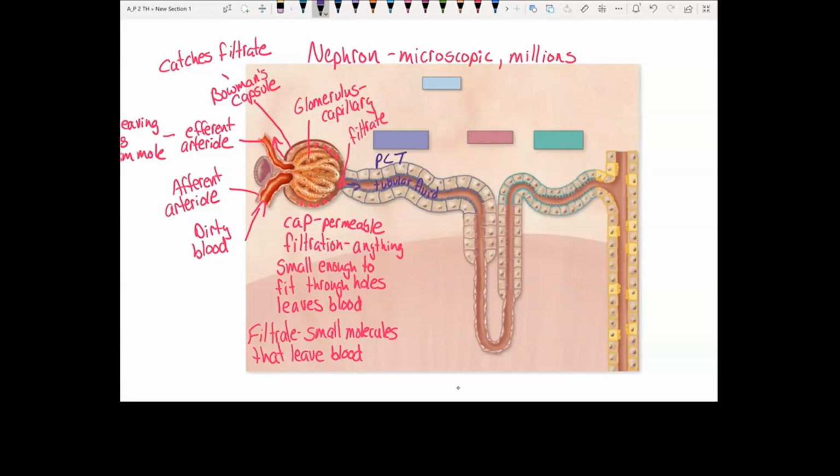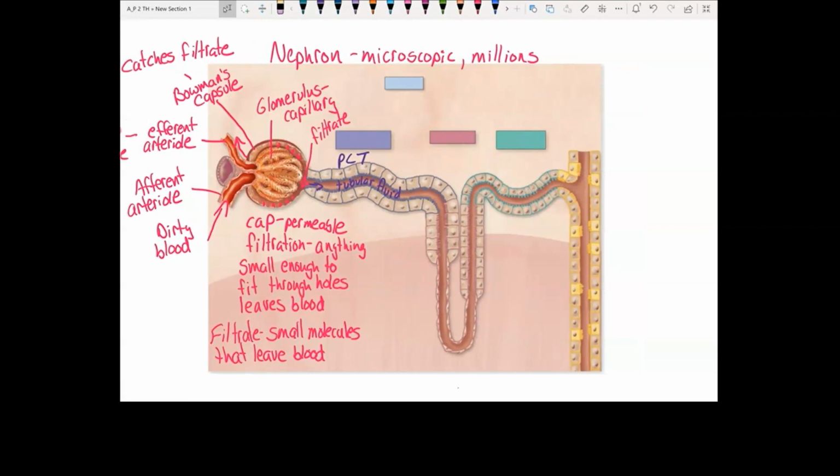Then that tubular fluid flows through the loop of Henle. So the tubular fluid goes in this direction. It goes down, it goes around, it goes back up. Then we get to the distal convoluted tubule. So we'll just abbreviate that DCT.